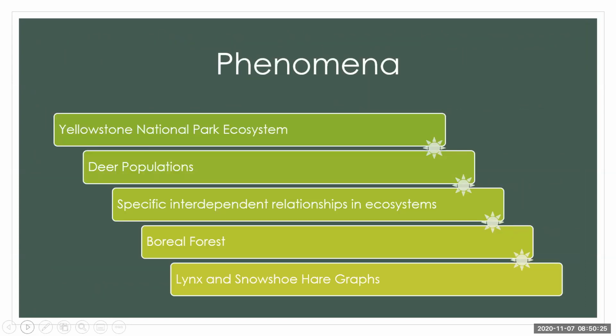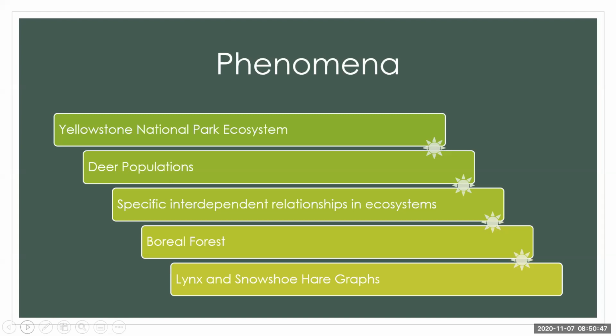Our phenomenon here is a bigger ecosystem, Yellowstone National Park. We're going to use that as our anchor for both learning sequences. For this first learning sequence, we are also looking at specific deer populations, and we have an activity that puts the students in the role of a deer.